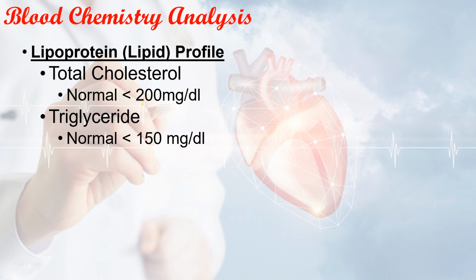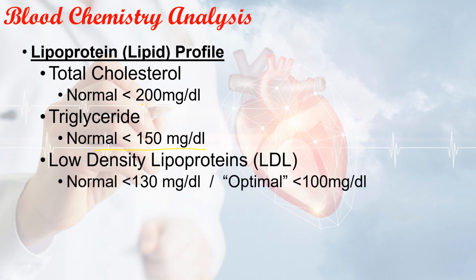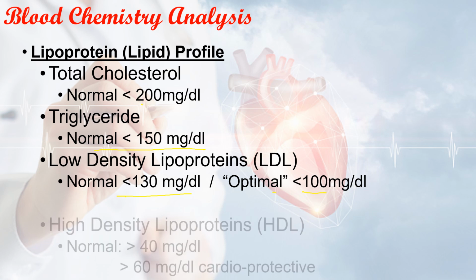Triglyceride normal is less than 150 milligram per deciliter for an adult. Low density lipoprotein, LDL, is supposed to be less than 130 milligram per deciliter. Optimal, the good level, is less than 100 milligram per deciliter.